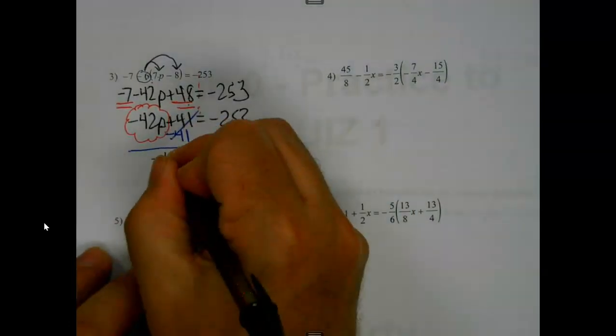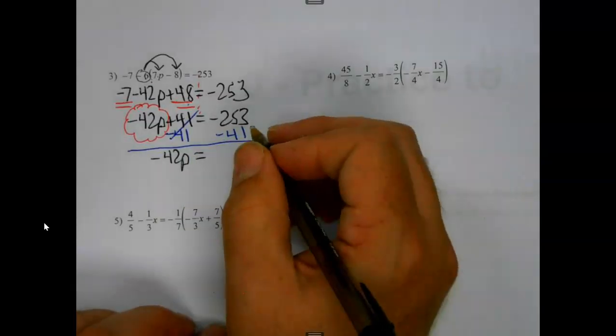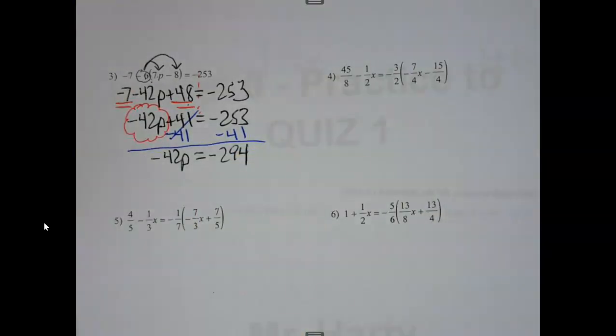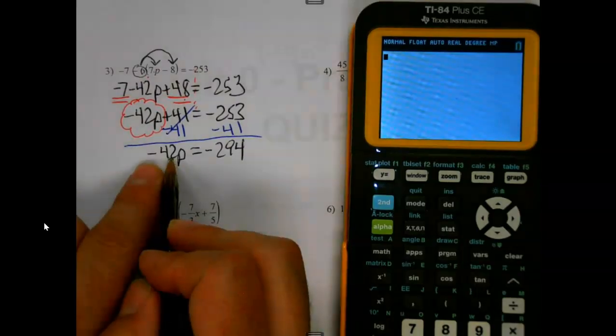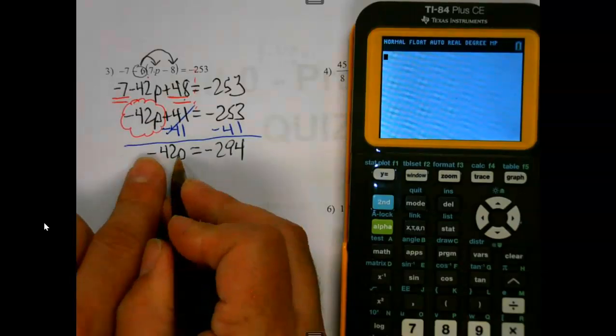So if you're working on your own, go to the answers portion. And here I just want to be cautious that I don't add 42, because this isn't p minus 42, it's -42 times p.